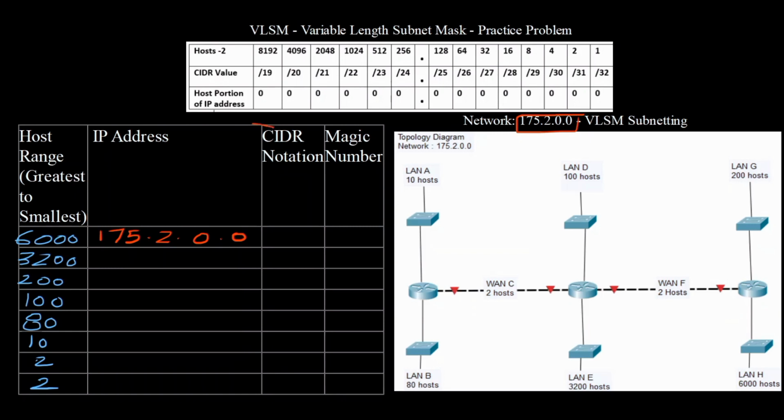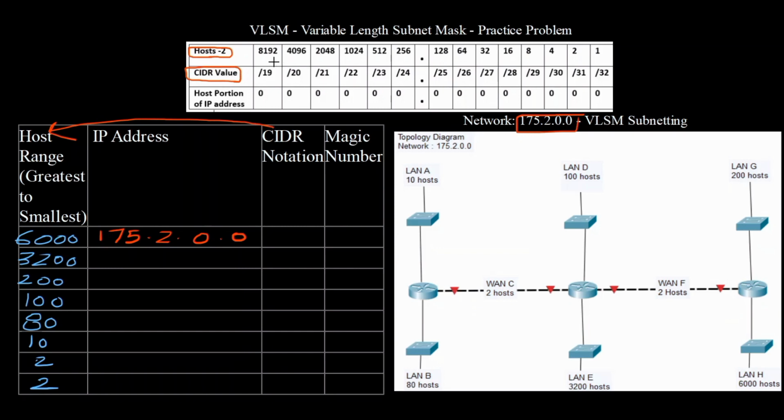So we are connecting CIDR and the host for each IP. Starting from 6,000, I'm going to use the chart and look for 6,000. Where is it? I'm going to look into the host part, this part, and we're going to do some matching.